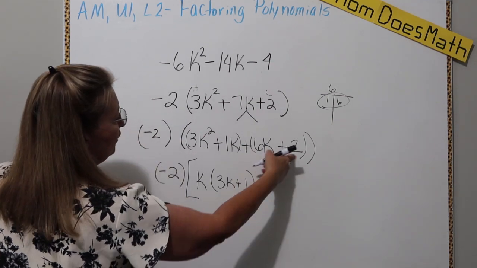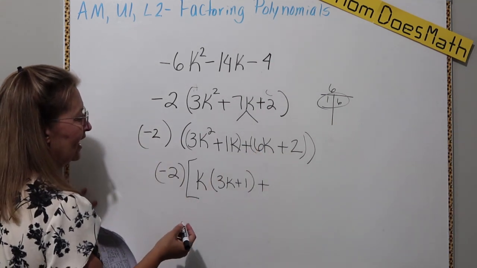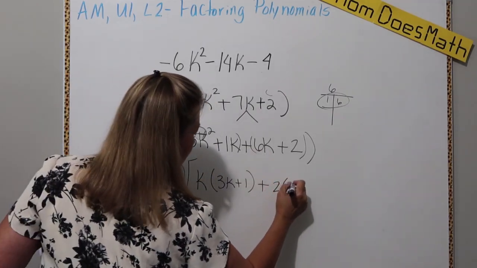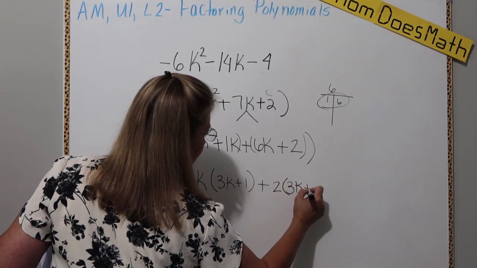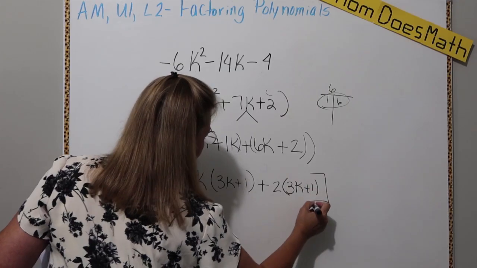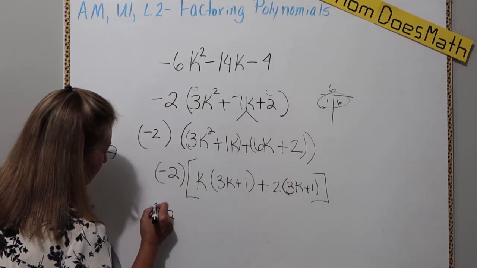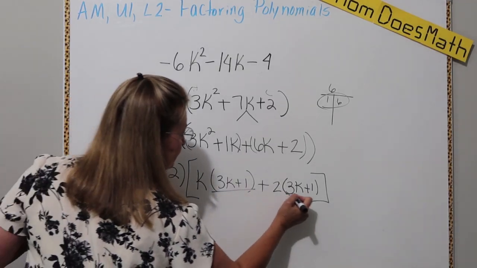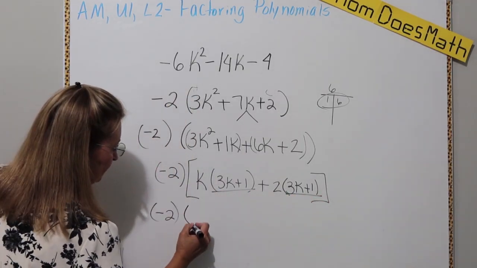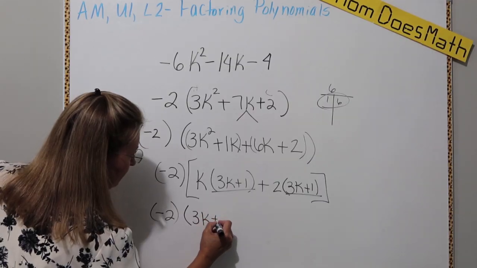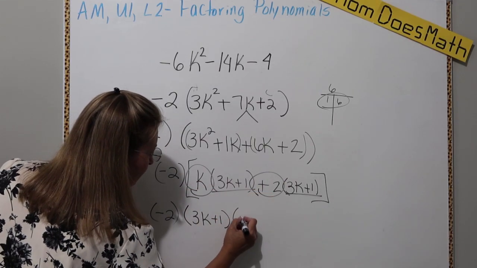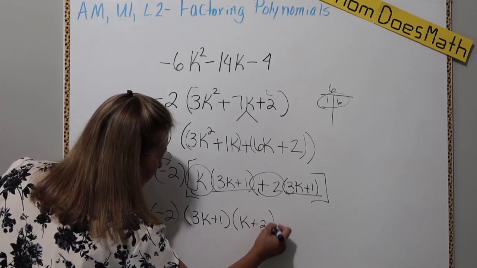Now down here, your greatest common factor between 6k and 2 is 2. When you factor 2 out of here, you get 3k plus 1. Okay? Once again, I'm not losing my negative 2. Now, this becomes your factor. So you have 3k plus 1. And these two numbers make up the other factor.